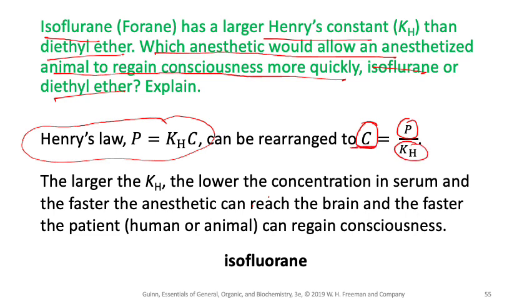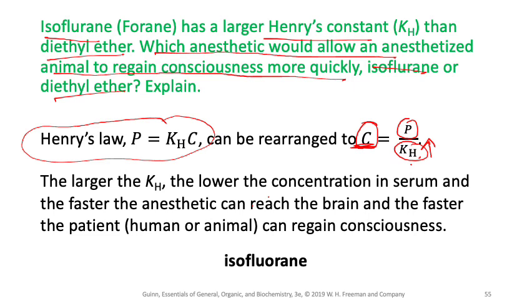The concentration of the dissolved gas is inversely proportional to Kh. If a gas has a higher Kh value, less of the gas is dissolved in the blood, and it might reach the brain faster, and vice versa.